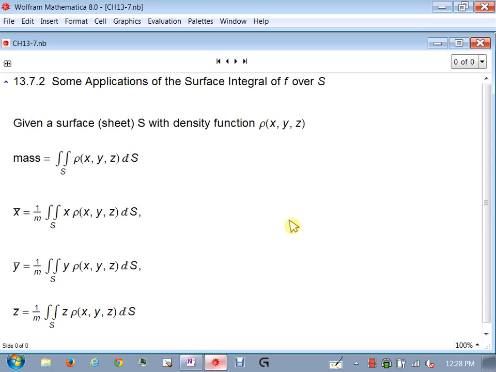We did that before. It's the same thing as when we had a curve. We take the density function at each point, and that gives us the mass. And if you know the mass, then you can find the center of mass. So you can find the x bar, y bar, z bar that gives you the center of mass of a three-dimensional surface. Understand? I'm not going to do any of these, but that's just some of the applications.